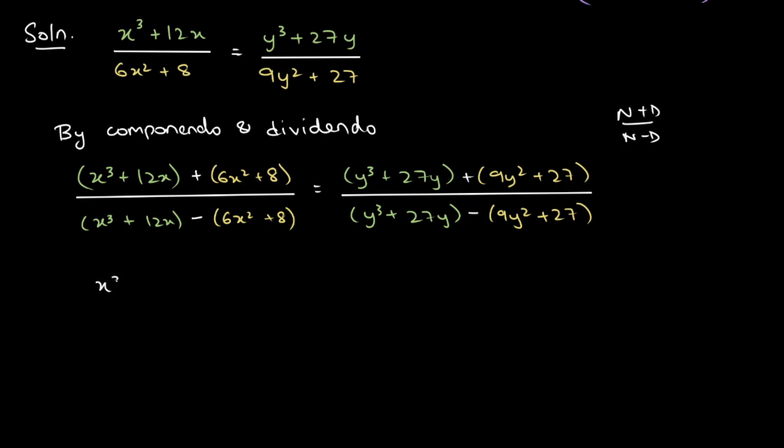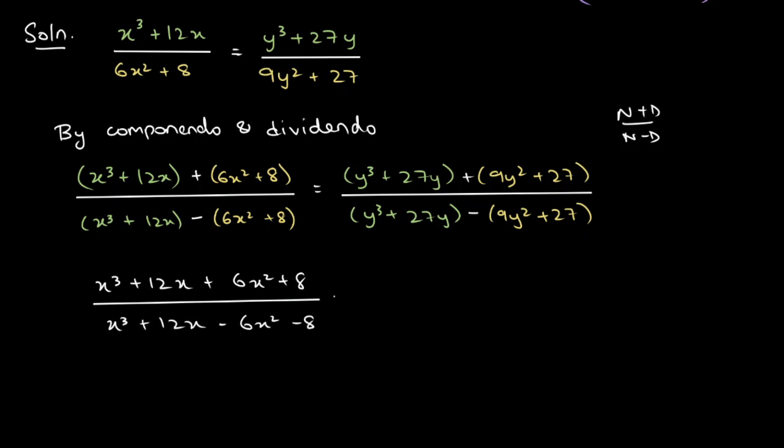So in the numerator here I have x cubed plus 12x plus 6x squared plus 8, the entire thing, divided by x cubed plus 12x minus 6x squared minus 8.